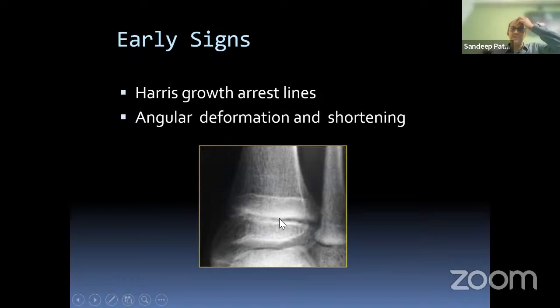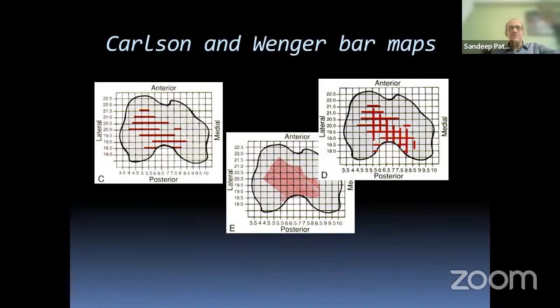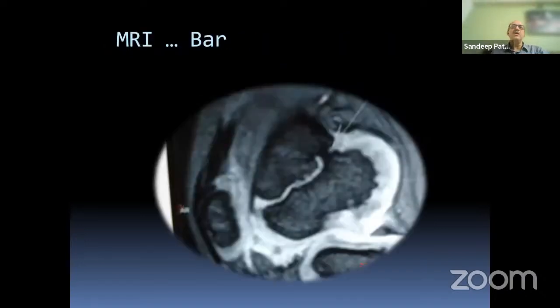These were the Carlson and Wenger bar maps depending on tomograms. Again, historic. Today, the gold standard of defining a physeal bar is an MRI. You must ask your MRI person to tell you where the bar is. You must quantify the bar. Is it central? Is it peripheral?